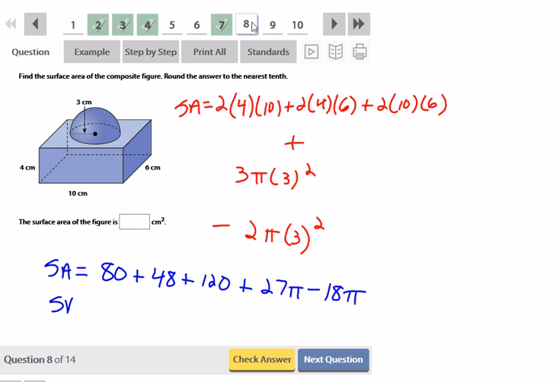So my surface area ends up being 248, and then 27 minus 18 is plus 9 pi. I cannot combine the pi's with the numbers that don't have pi. This would be exact. If they wanted it exact, you would leave it this way, but they do want you to round here, so 248 plus 9 pi, to the nearest tenth, is 276.3.